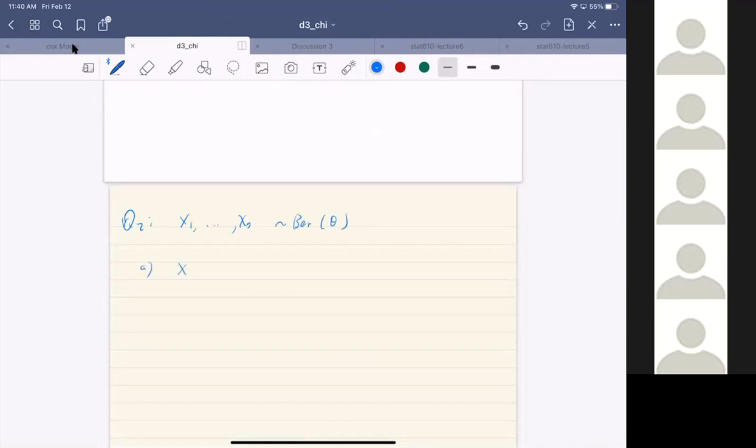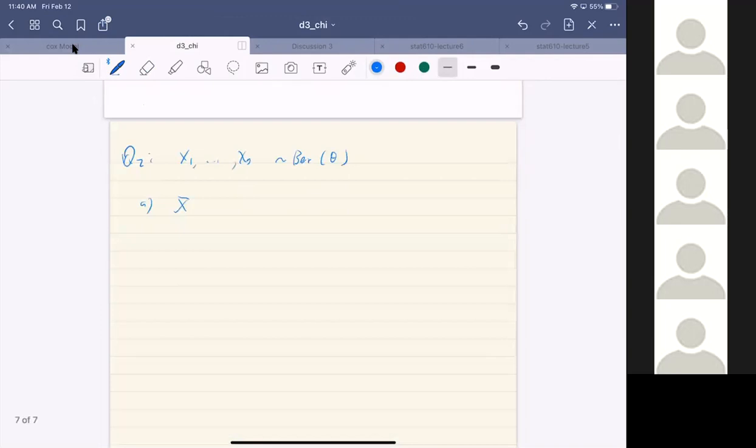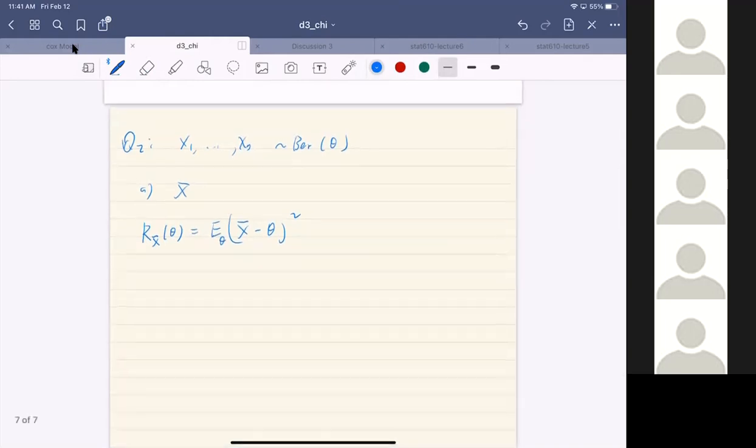The first estimator is S bar. We want to find the mean square error. The definition is the expectation of S bar minus theta, squared, conditional on theta, and this is just the values of X bar.